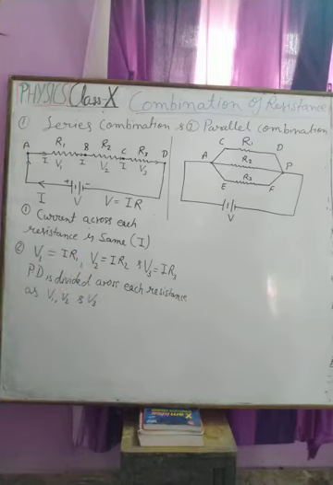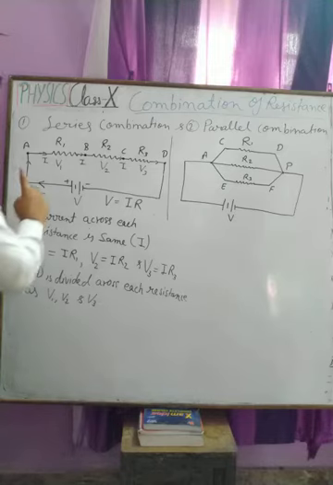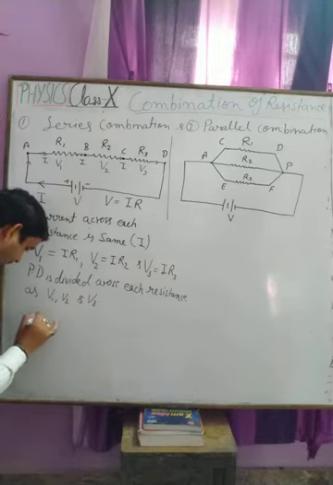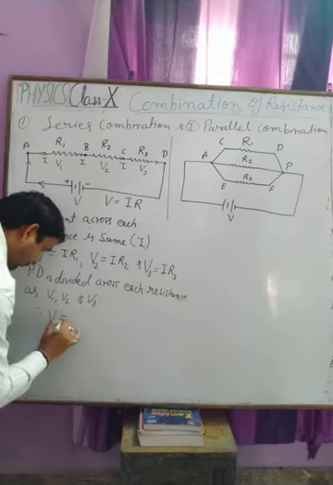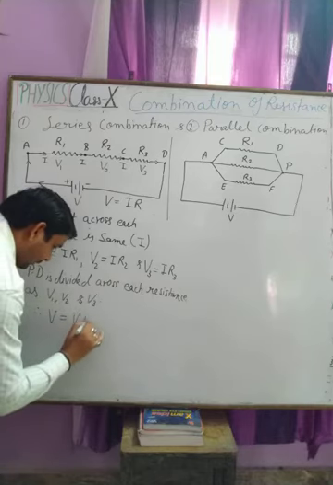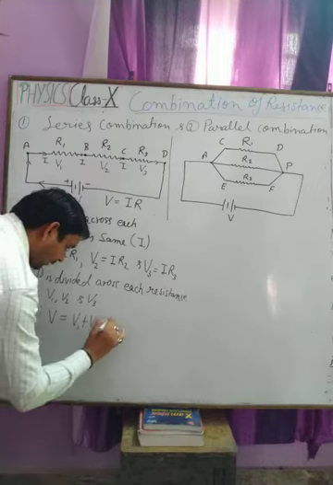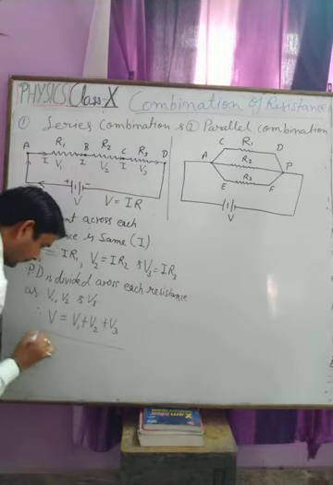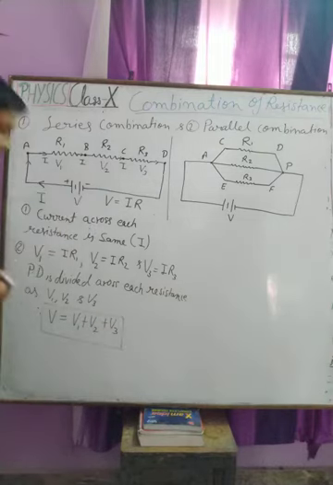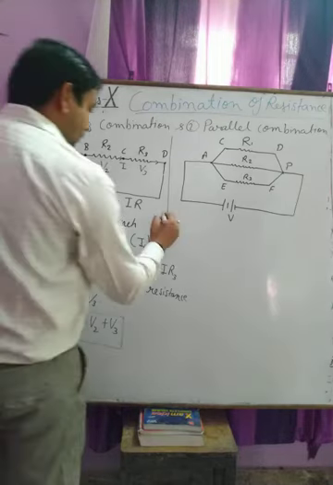Okay. Now the value of total resistance is how much? So the answer is V is V1 plus V2 plus V3. Okay. Now we go on to understand the parallel circuit.